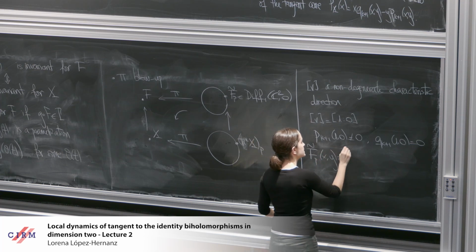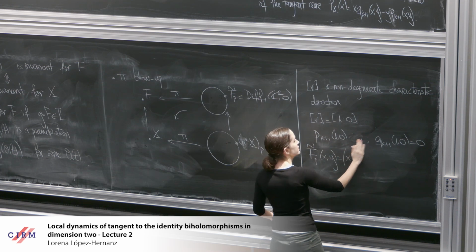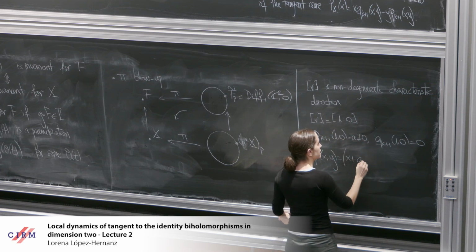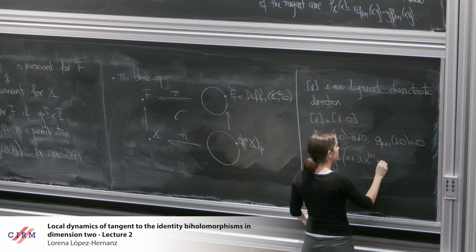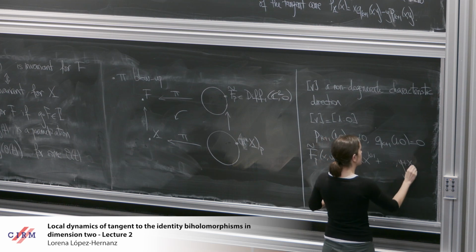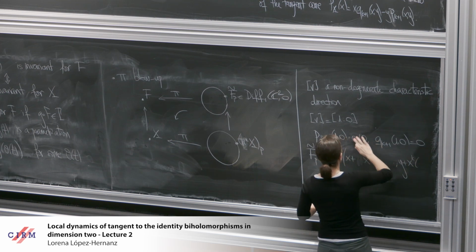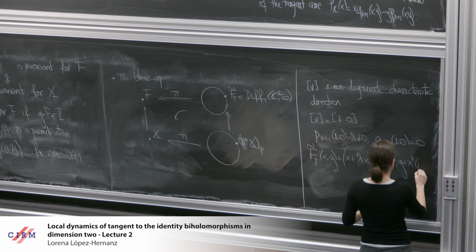can be written as x plus some a different from 0, a x^{a+1} plus higher order terms, and y plus x^k something. Let's call it lambda, as we did yesterday: lambda plus mu y plus higher order terms.